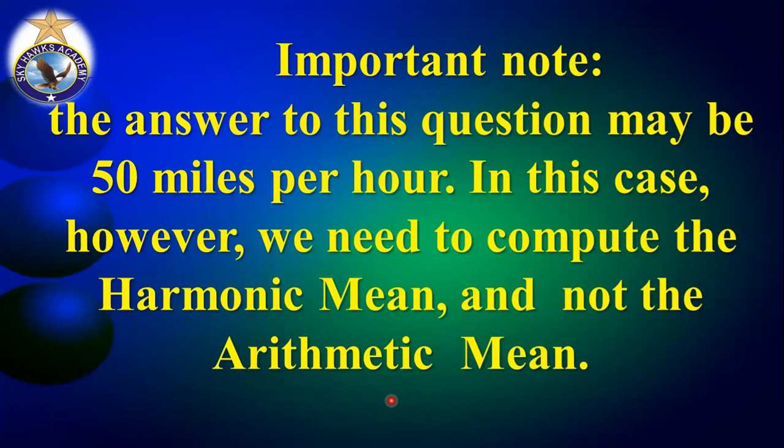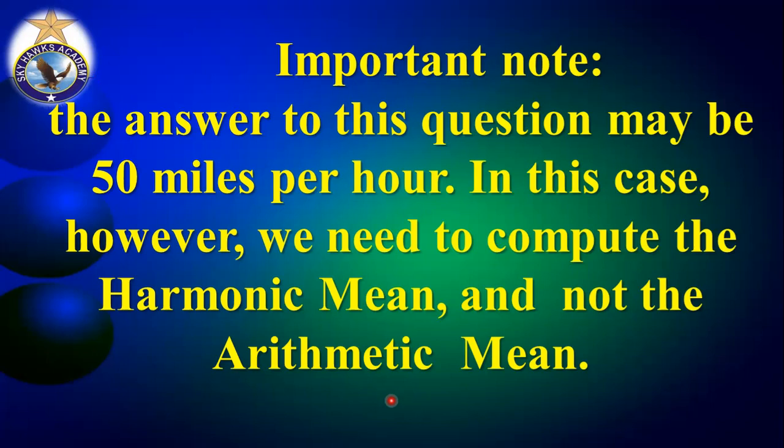But if you use the harmonic mean method, which you have used, your answer is 48, as you have calculated. Maximum number of times, students just use the arithmetic mean. There are two speeds, two quantities, and they divide by 2, and simply get the answer 50, and they are quite happy that they have done it right.